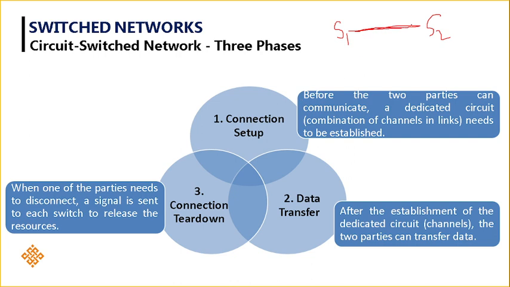Once the connection has been established, then the normal data transmission will take place from station 1 to station 2 and station 2 to station 1. Once the data transmission has been completed, it is mandatory that one of the systems closes the connection. That is what we call connection tear down. So these are the three phases that normally happen in circuit switch networks.